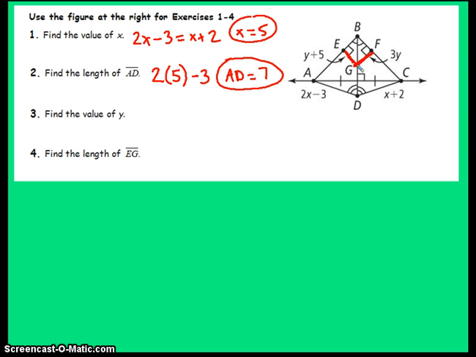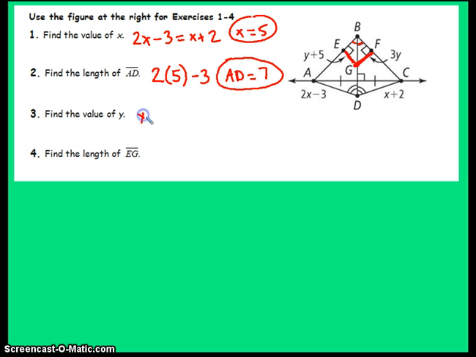So if G is on the angle bisector, I can see because these angles are congruent, then the angle bisector theorem says the point is equidistant from the sides. In other words, GF has the same distance as GE.